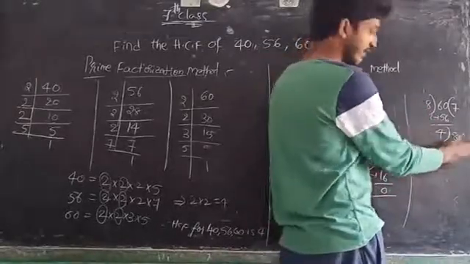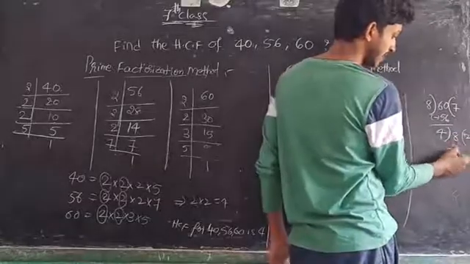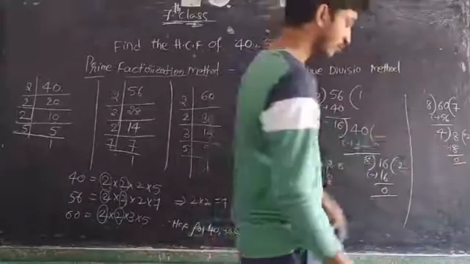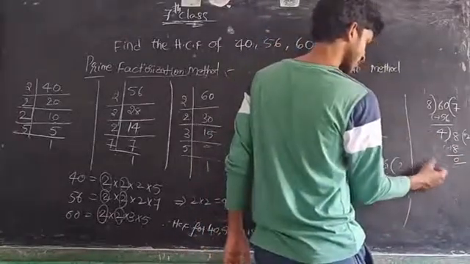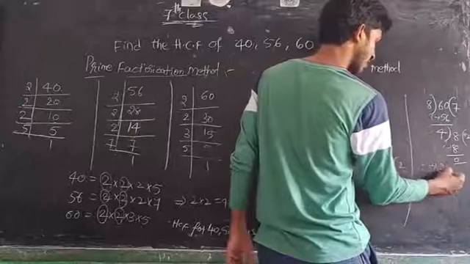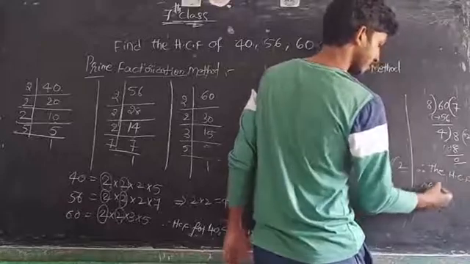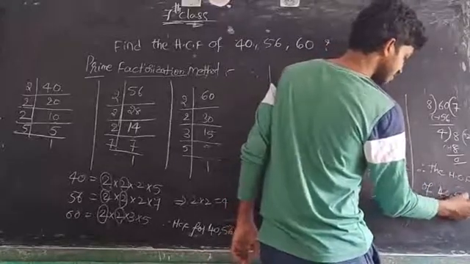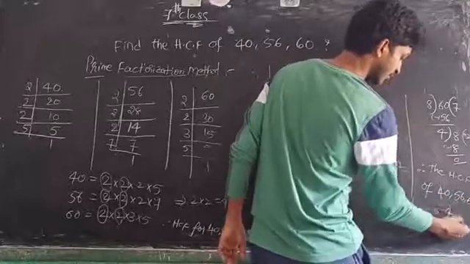Now 8 becomes the dividend. 2 times. 8 minus 8 is 0. So here the last divisor is 4. Therefore the HCF of 40, 56 and 60 is 4.